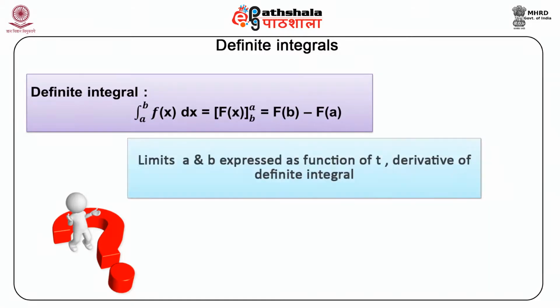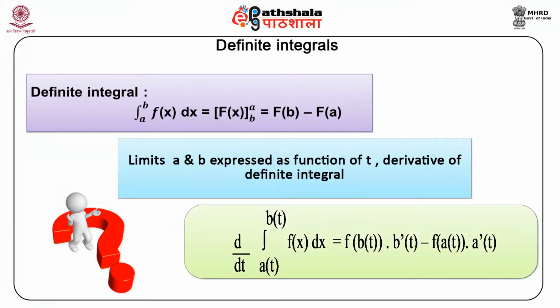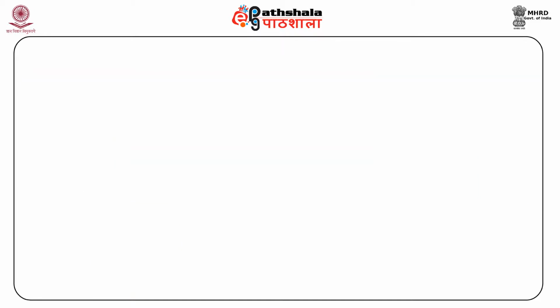However, if the limits a and b are expressed as functions of t, then the derivative of the definite integral is written as d/dt integration a(t) to b(t) f(x) dx is equal to f(b(t)) into b prime t minus f(a(t)) into a prime t.